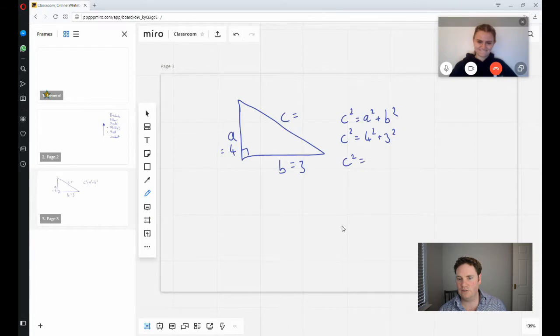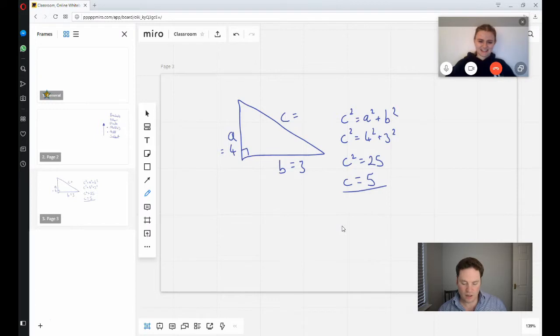So C squared equals 25. So C equals, so how do we find C? Oh, right. The square root, which is 5. Yeah, perfect. Normally, they don't have such nice numbers as 3, 4 and 5. Normally the last one would be some mean number.